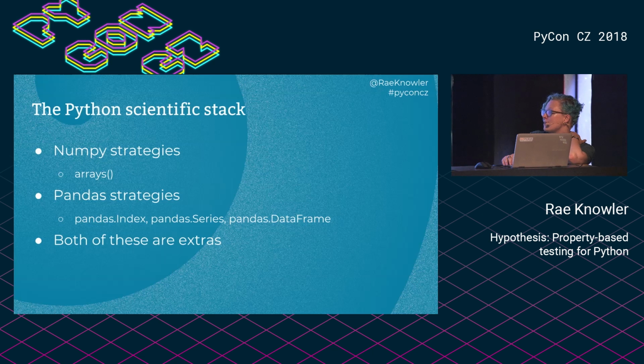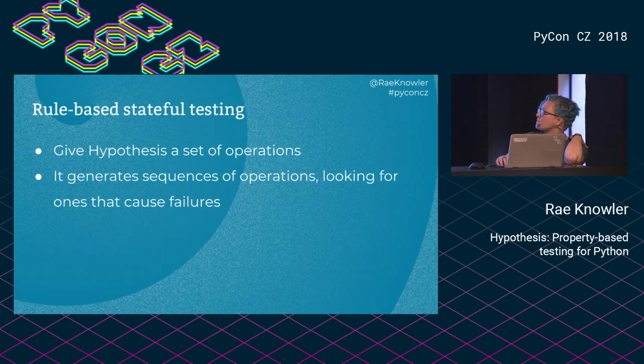And in the pandas extra, it has strategies for generating pandas indexes, pandas series, and pandas data frames. So yeah, that's exactly what you would want to just kind of go in there and have it work off the bat. And then finally, I've not got a lot of detail on this because it's a bit more complicated to explain in a sort of intro talk.